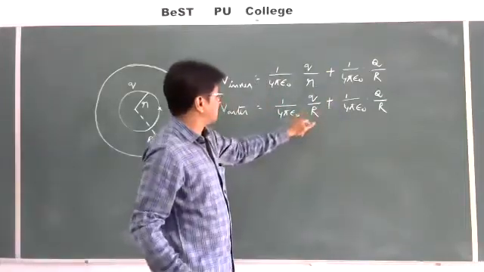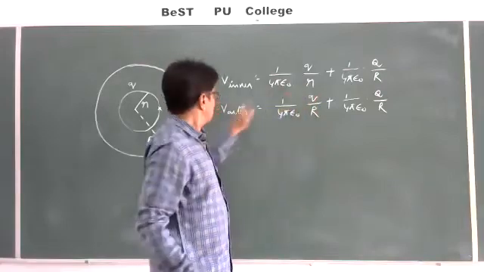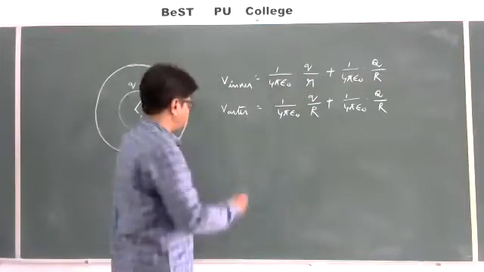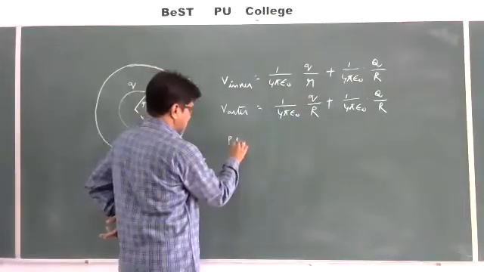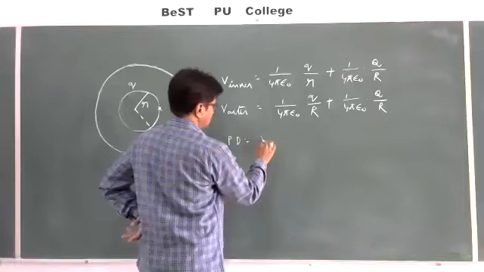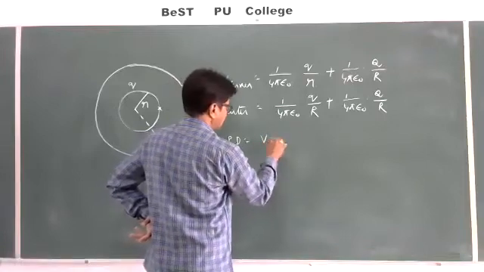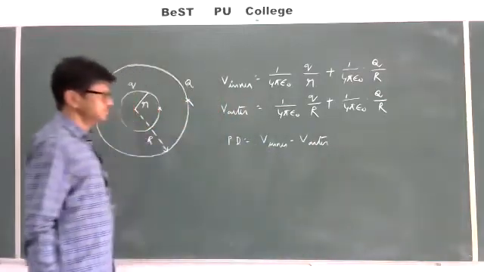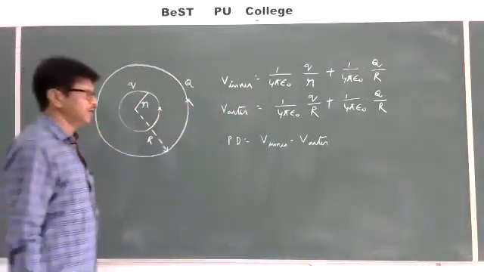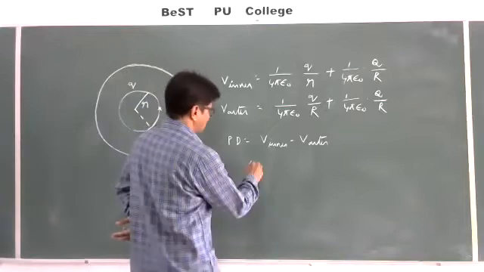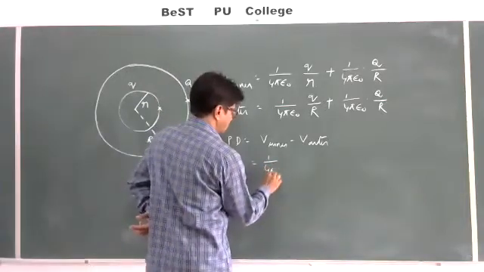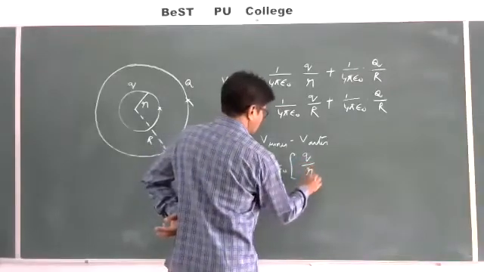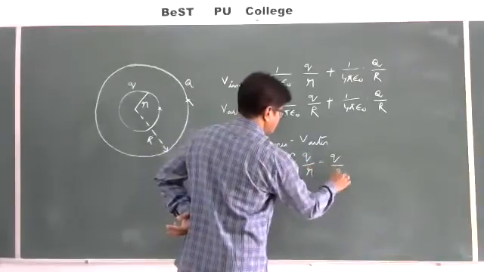Since capital R is greater than small r, for the outer sphere the potential is less. So potential difference is equal to potential of the inner minus potential of the outer, which is equal to 1 by 4 pi epsilon naught, q by small r minus q by capital R.